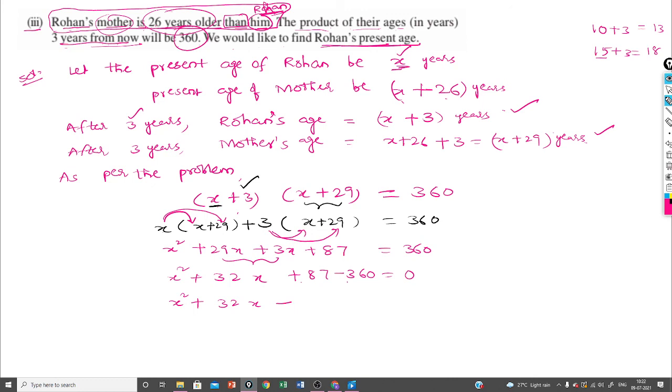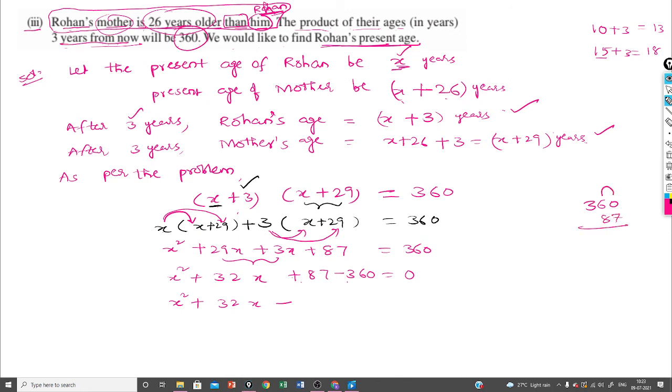We can't do it directly, so after keeping the negative sign, we will find the difference between these two numbers. What is the difference between 360 and 87?